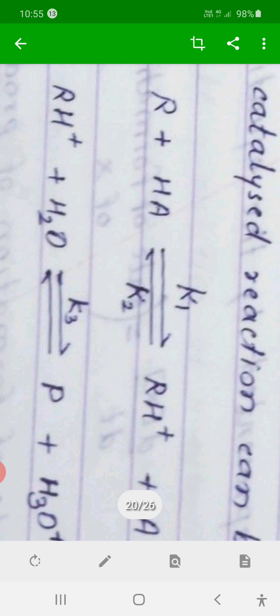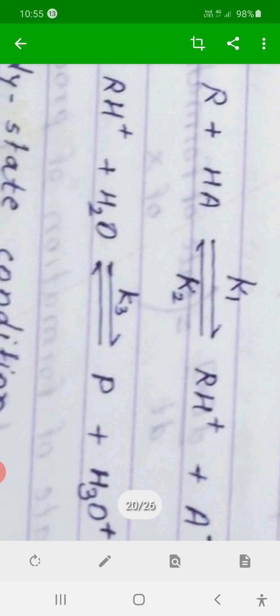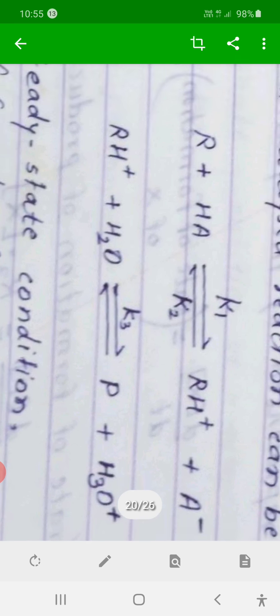This R plus HA generation again from RH is considered very little, and this second way product formation rate is very high. This is the first case we consider. There are two possibilities, and out of those, this possibility we consider.